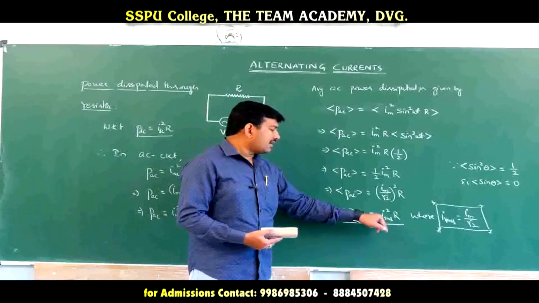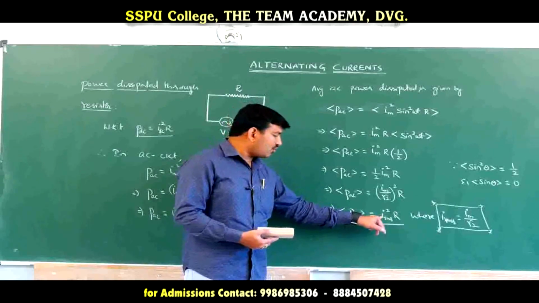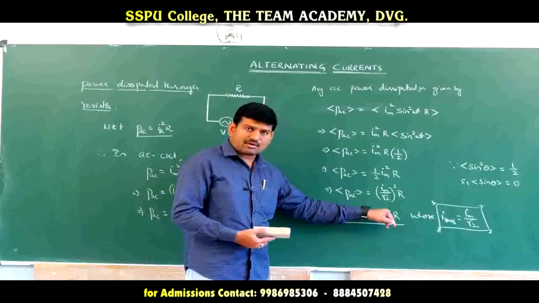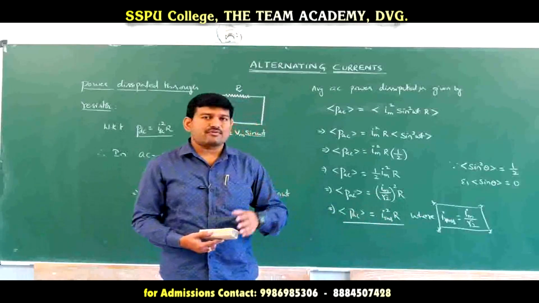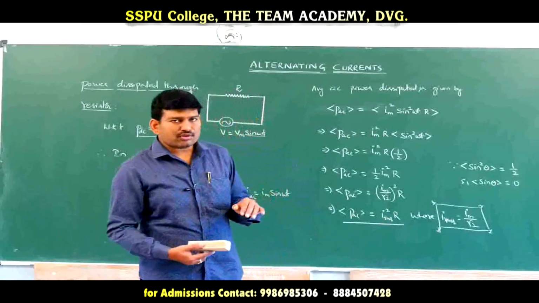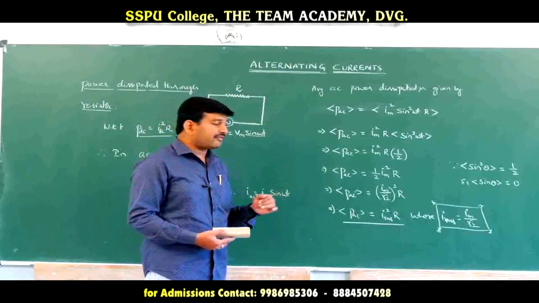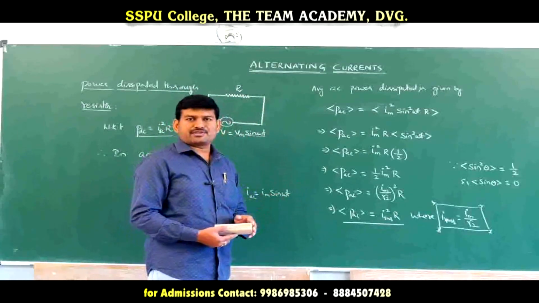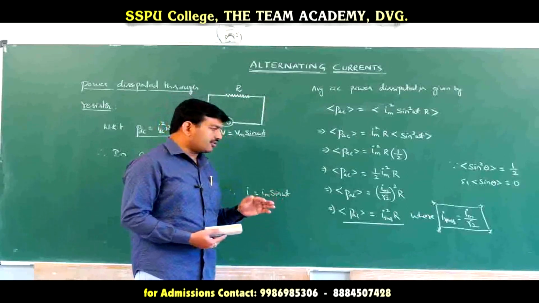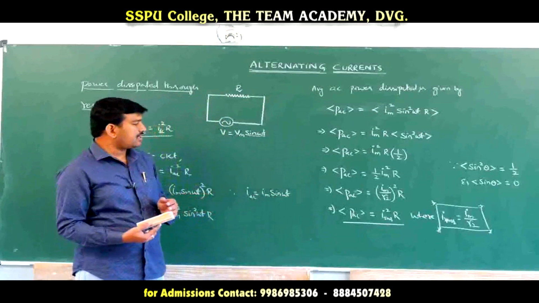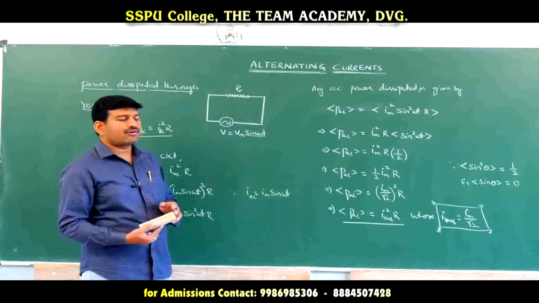Why? Because here we have the I square term, not the I term. The I square term says that whether the current is positive or negative, I square will be positive. Therefore, there will be some power dissipation even though the average current over the full cycle is 0. So we need to define a special type of current called RMS current.